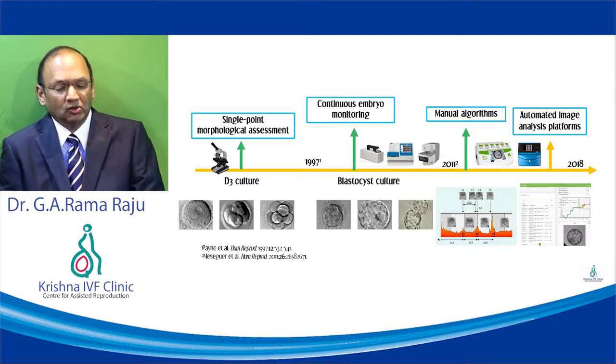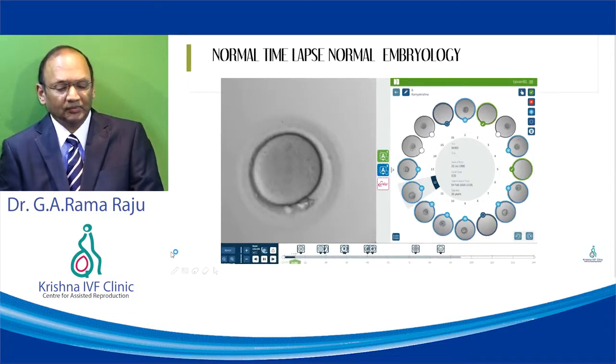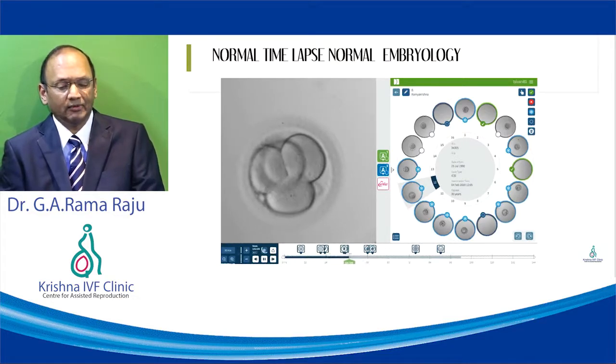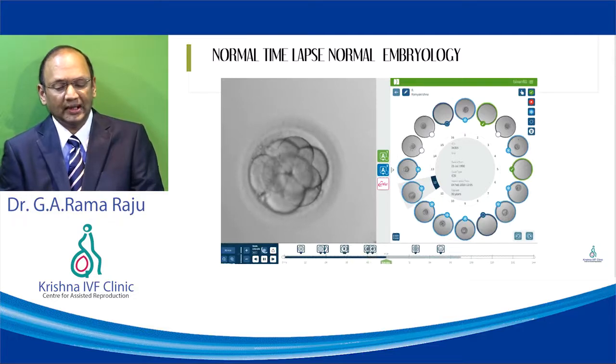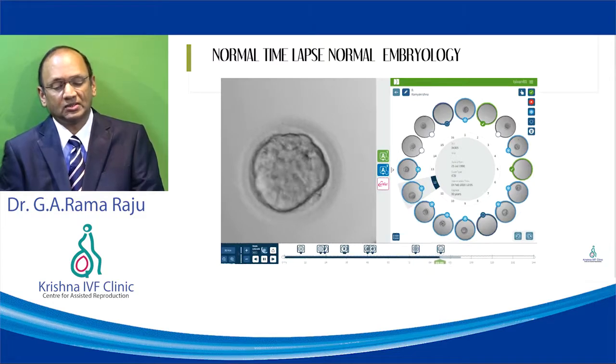Here I am going to show how a time-lapse monitored embryo looks. On the right side is the number of chambers for the embryo, and this is the time sequence in hours as it progresses from fertilization to compaction to blastocyst.